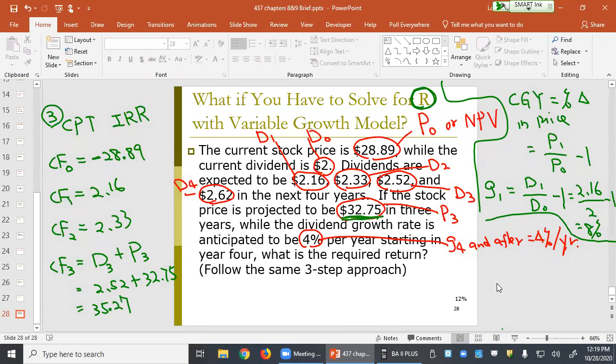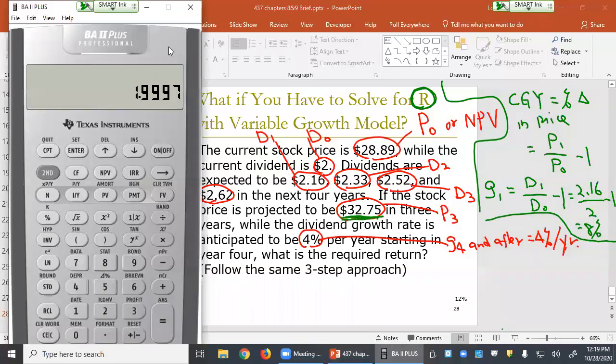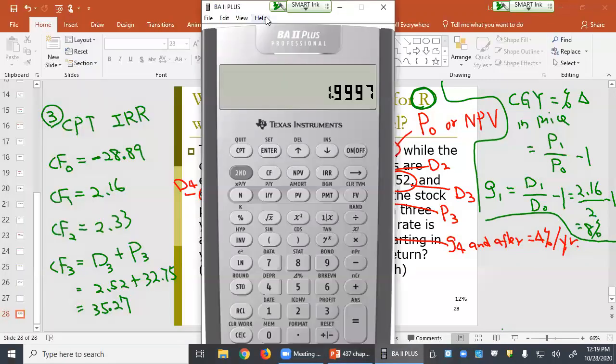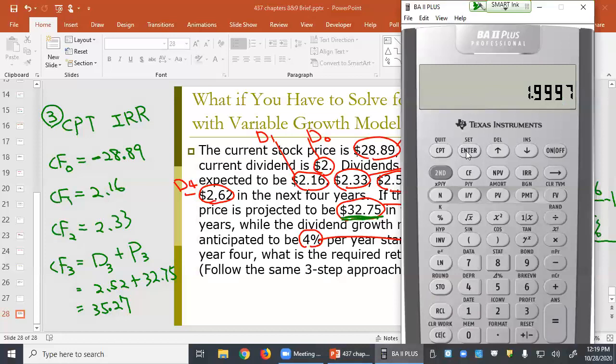Okay, so let me bring back my calculator. Move it to the right. There we go. So cash flow, second, clear work. I have to enter my cash flow 0, $28.89. I will pay this much to buy the stock right now. After this, I will receive dividend payments.